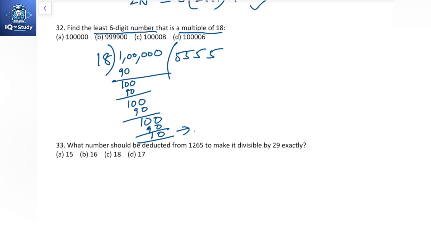Hence, the remainder is 10. So 18 minus 10, that is equal to 8, plus 1 lakh, which is equal to 1 lakh 8.